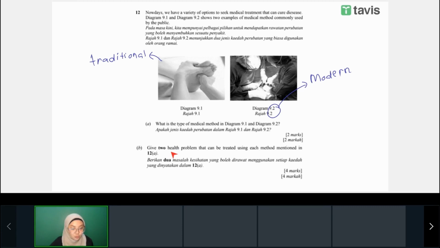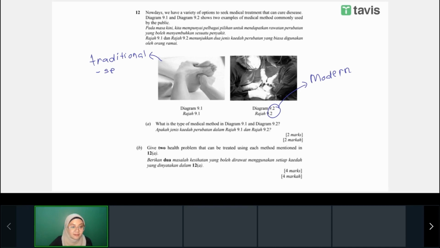Give two health problems that can be treated using each method you mentioned in 12A. This question gives two, two health problems. For 9.1, what is the health problem that can be treated by the traditional massage?